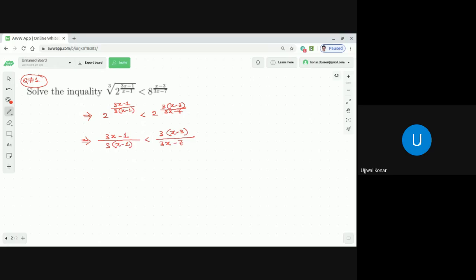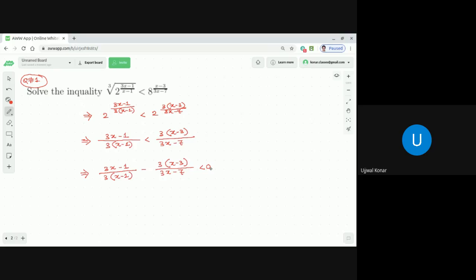So what we should do here is take 3(x minus 3)/(3x minus 7) to the left hand side of the inequality. That implies we get (3x minus 1)/(3(x minus 1)) minus 3(x minus 3)/(3x minus 7) is less than 0.